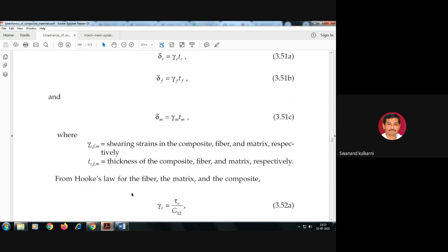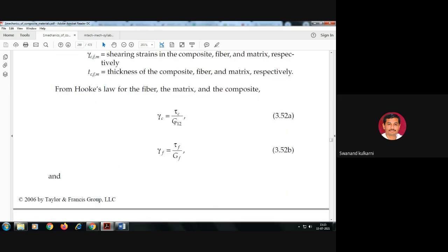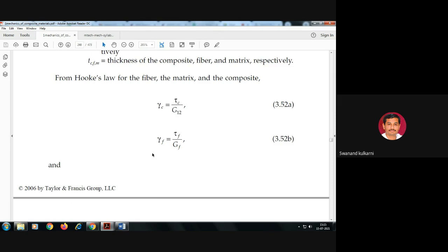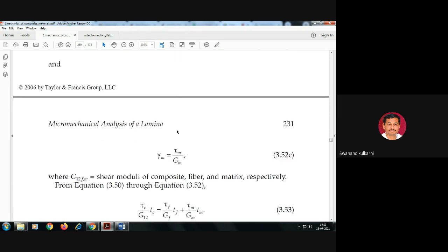Then with regular notation, shear modulus relates the shear stress to the shear strain. So shear strain is equal to shear stress upon shear modulus. Similarly, the shear strain of the fiber is nothing but shear stress upon shear modulus.